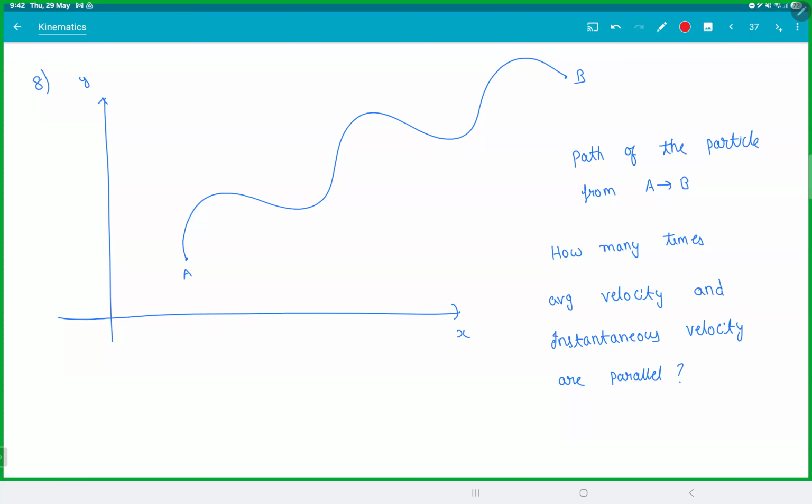Zero times. So finally, what is the answer? We have everything: 0, 2, 4, 5. 1 and 2 are missing. 3 is missing. Someone tell 3 also. Fill up all the numbers.